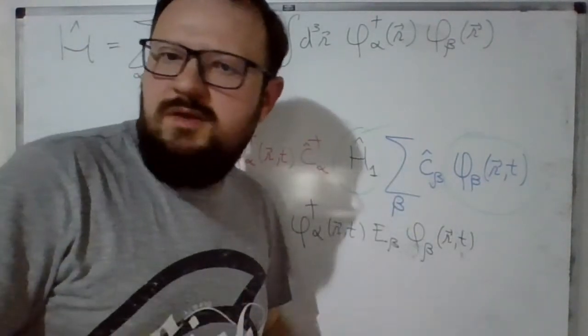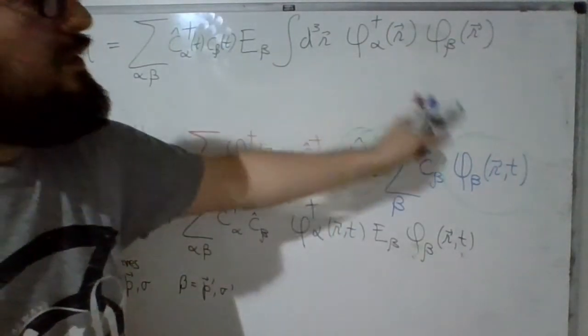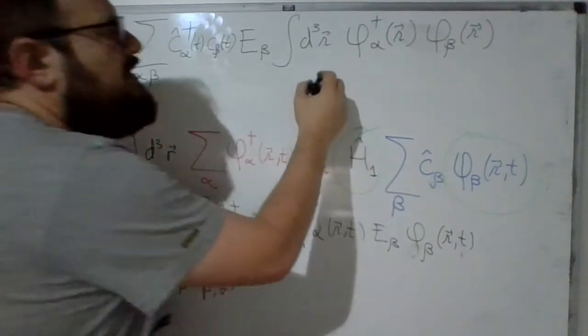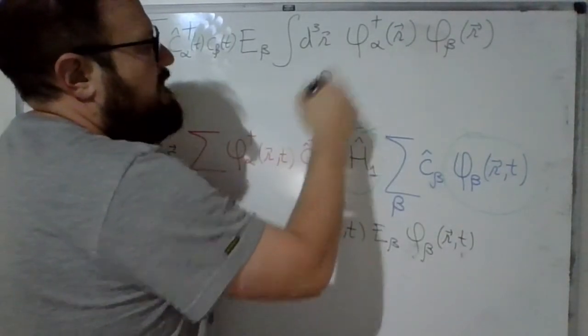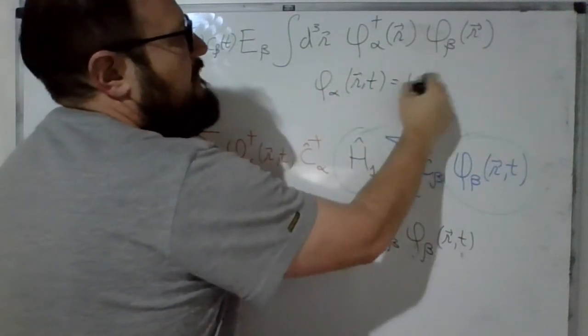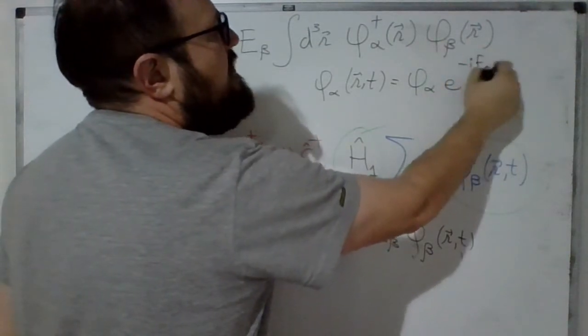It will be no problem because the only dependence which you could bring for eigenstates of the Hamiltonian will be the following. Phi alpha of R and T is just phi alpha of R times exponential of minus i energy alpha times T divided by h bar.